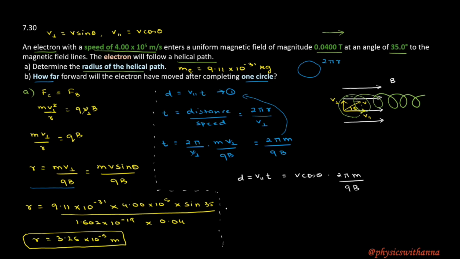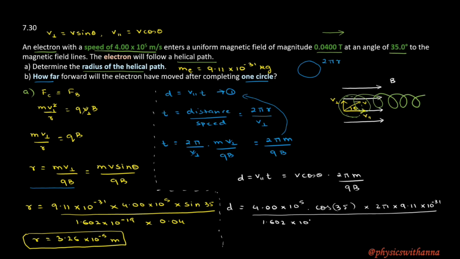Now let's substitute to find d. d will be equal to velocity v is 4 times 10 to the power 5 into cosine of the angle 35 into 2 pi into mass of electron, which is 9.11 times 10 to the power negative 31 over charge of electron is 1.602 times 10 to the power negative 19, and magnetic field B is 0.04 Tesla. And when you solve this, you get the value of d to be equal to 2.926 times 10 to the power negative 4 meter.